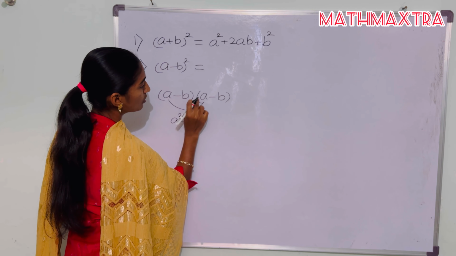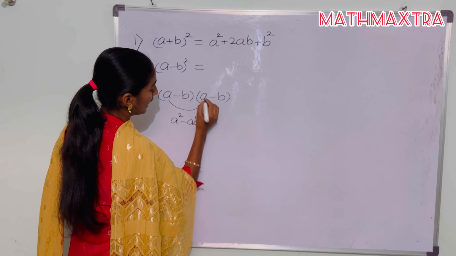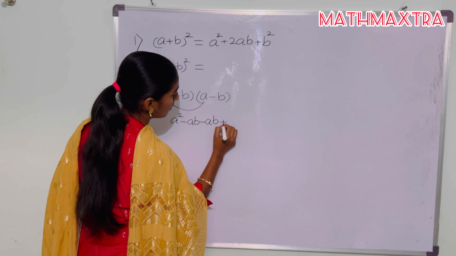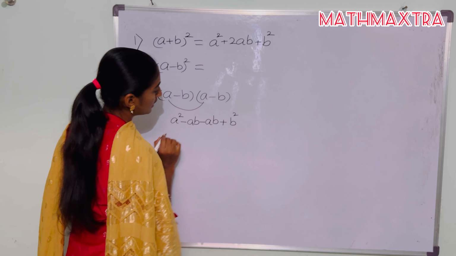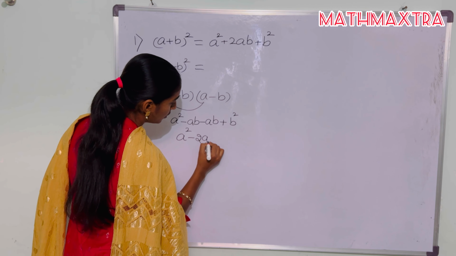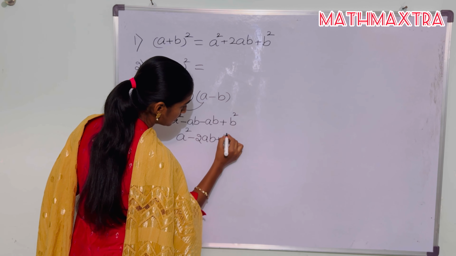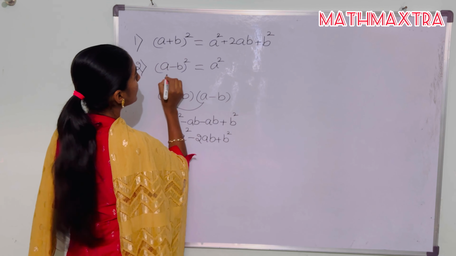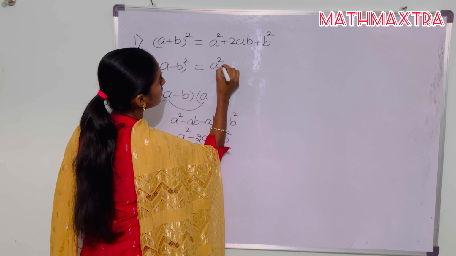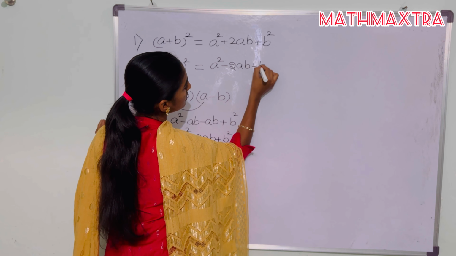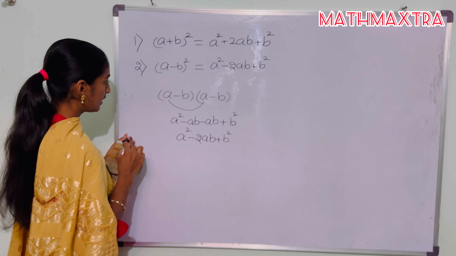Next minus into plus, minus a into b, again ab. Minus into minus, plus b into b, b square. So which is simply a square minus 2ab plus b square. Okay. So our second identity is (a - b) whole square is equal to a square minus 2ab plus b square.